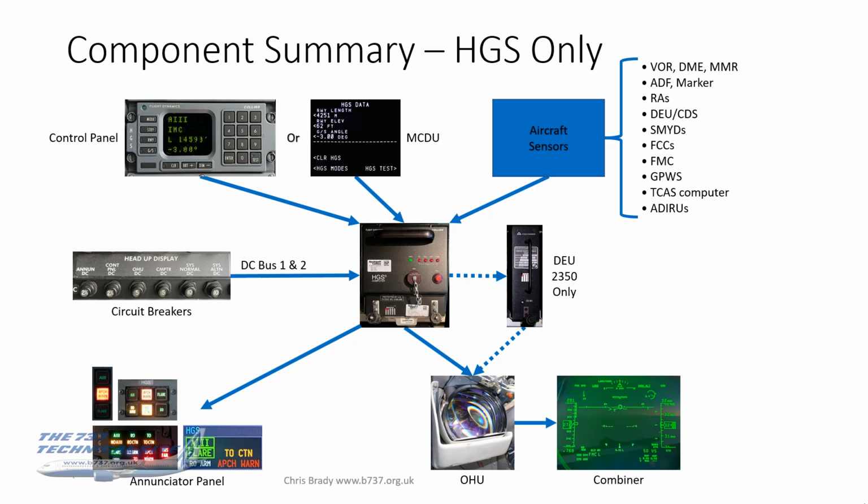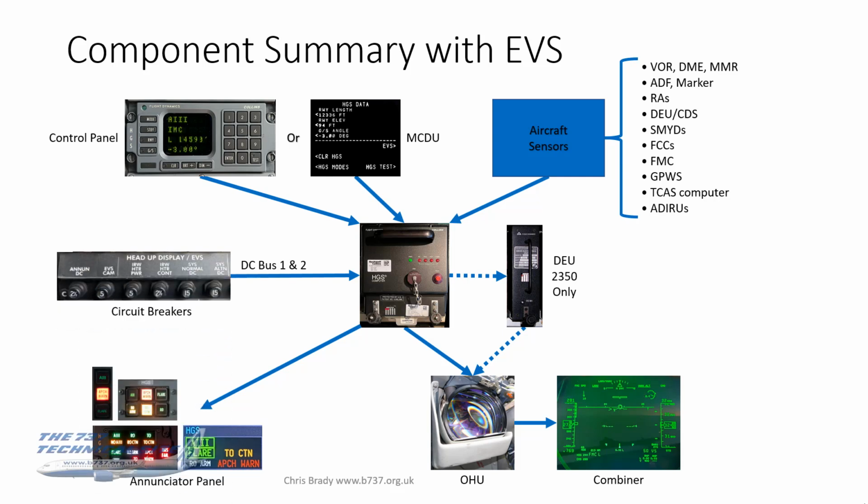Okay, so you will recall this from earlier on, the component summary. This was for HGS only. If I now add to that the EVS components, so this component summary with EVS, the changes are as follows. All the HGS pages are slightly different on the McDo with an EVS prompt. The circuit breakers are different labeling, different functions on there.